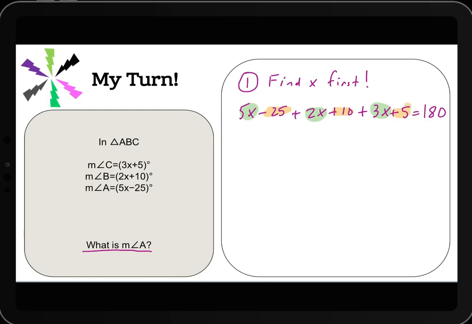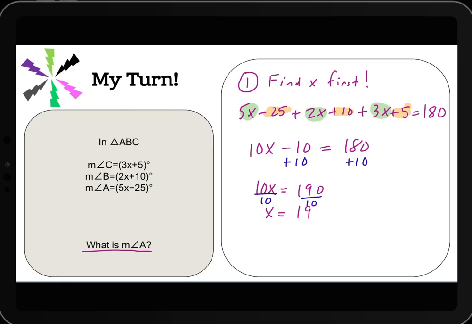So we can go ahead and combine those together. We get a positive 10x for my variable terms, and then here we get negative 10 for my numerical terms. Then I can simply add 10 to both sides, so I get 190. So I get 10x equals 190, and I can divide everything by 10, so that means I get 19.